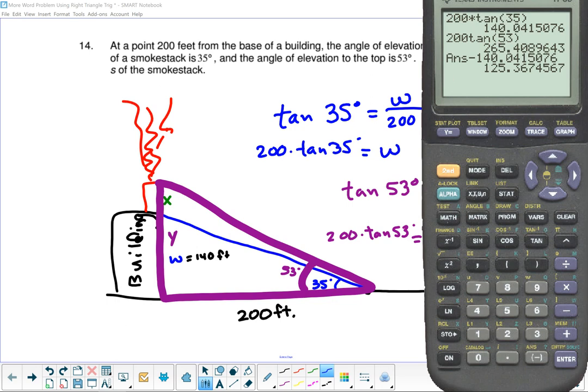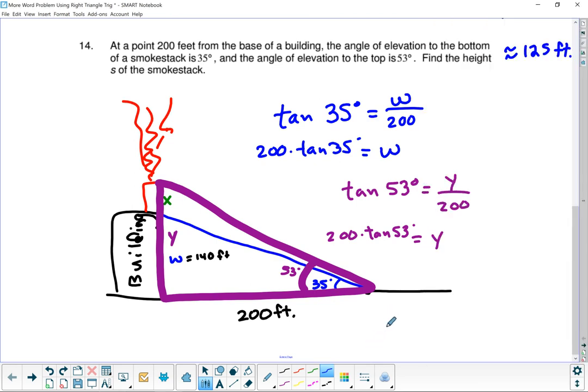Subtract them and you get 125.367, so I'll round to about 125 feet.